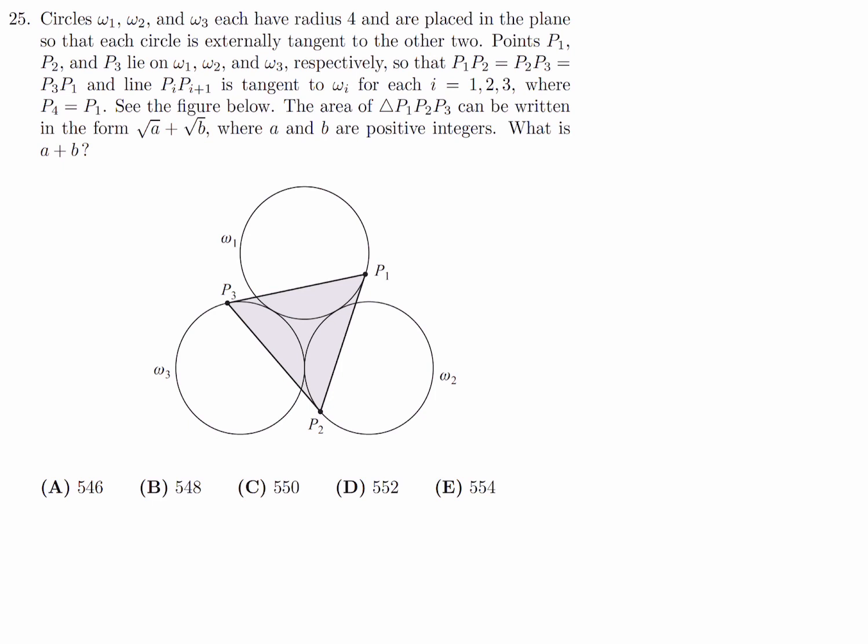So the first thing I'm going to do is draw some helpful lines. The first line is going to be from the center to P1, so like this. And I can label that center, let's just label it approximately here, and I'm going to call that O1.